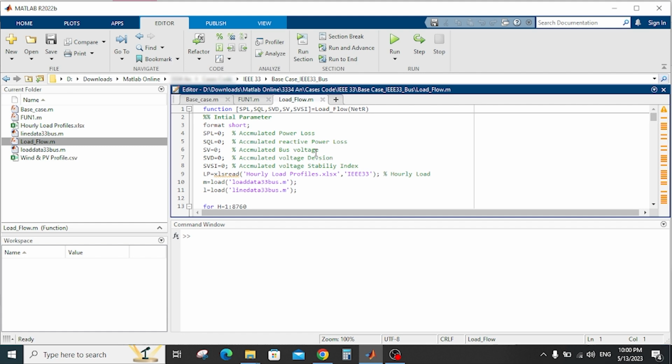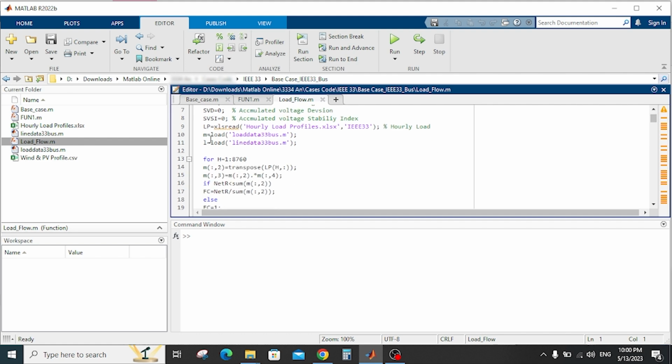So we are concerned about the accumulated power losses. After that, we also read from the Excel file the load profile for the whole system as we defined in the Excel. Then we also read the load data and the line data.